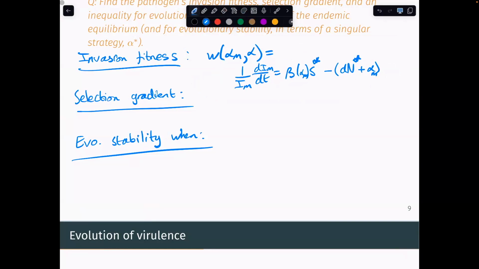Note that this S star, I'm going to put E here and under our N star as well. This is not our disease-free equilibrium anymore because our pathogen is invading a population that already has a pathogen in it, okay?